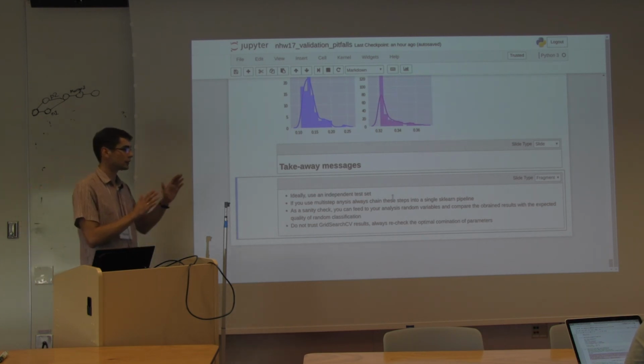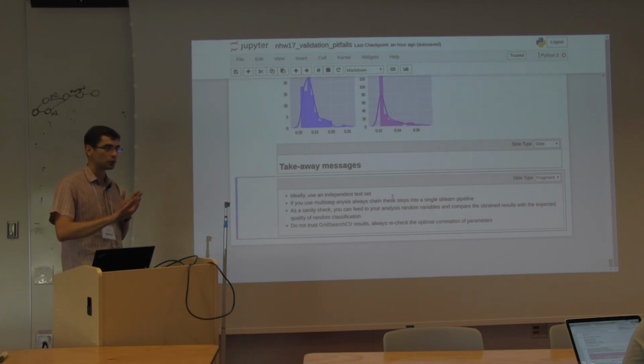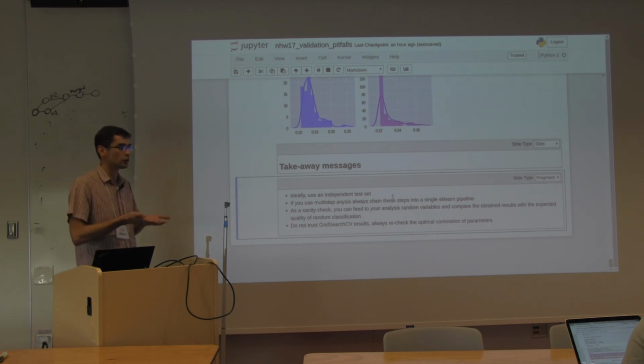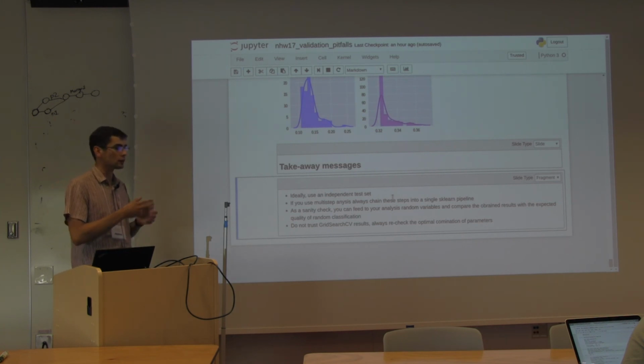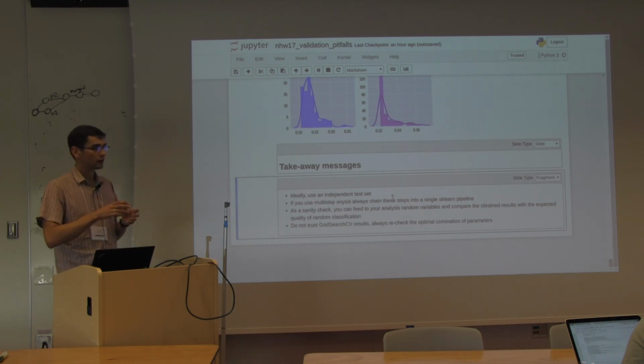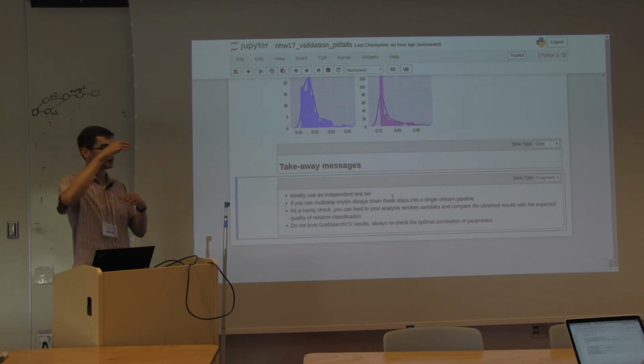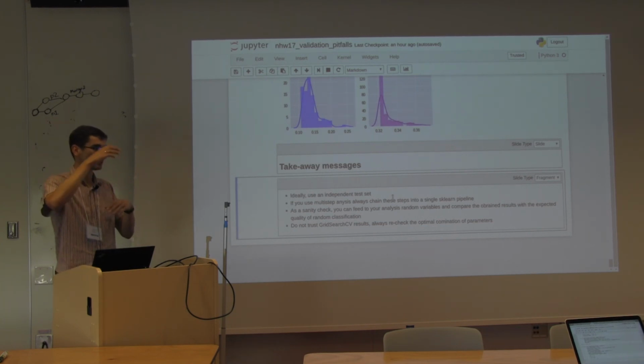Ideally, it would be nice to use a totally separate set. But again, if you don't want to lose your data, you have to do some kind of cross-validation. So you can set up your pipeline and perform some kind of embedded cross-validation.